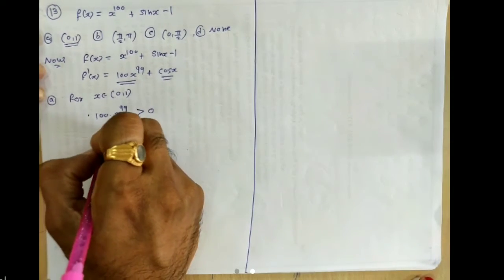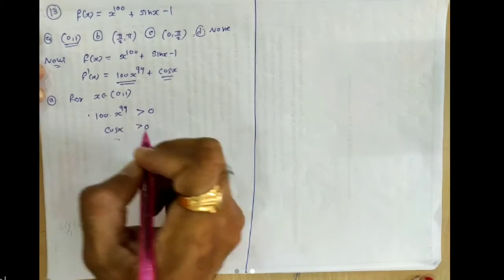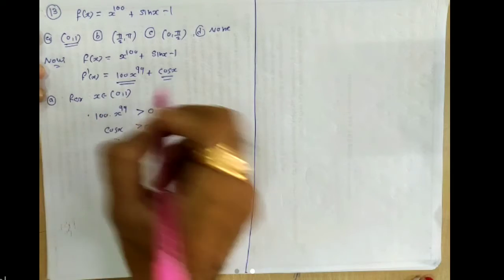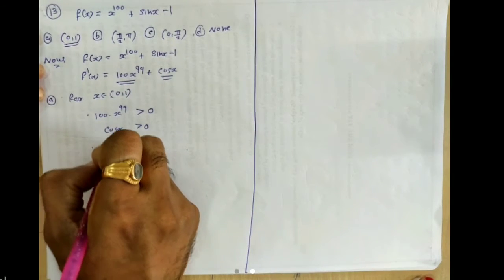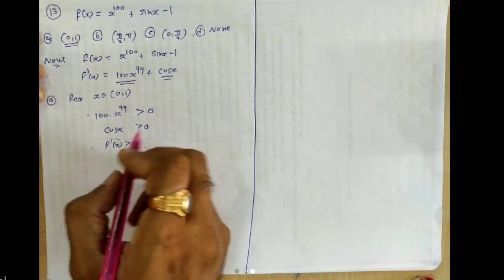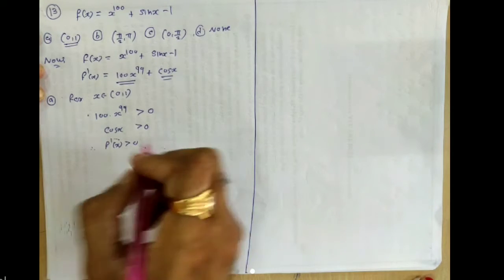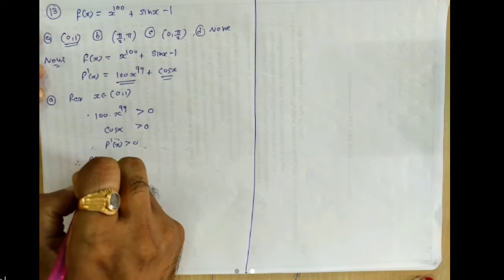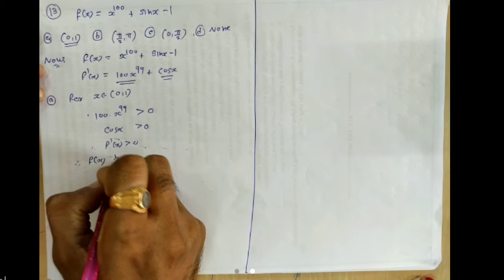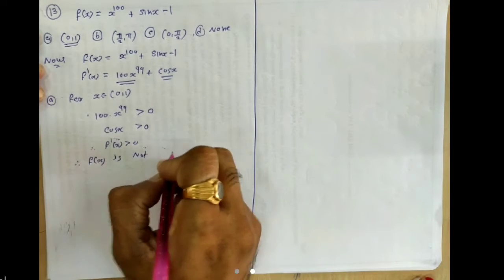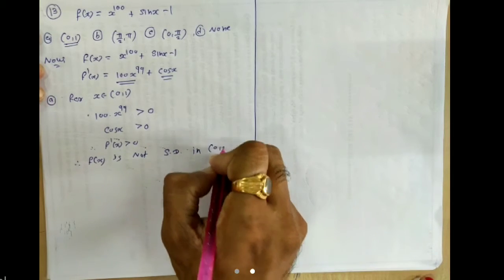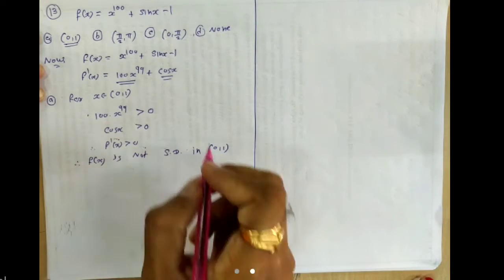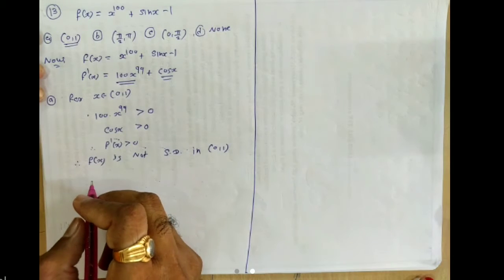The second term, cos x, is also greater than 0 for x between 0 and 1. So both terms are greater than 0, and f dash x is greater than 0. Therefore f of x is not strictly decreasing in 0 to 1; it is strictly increasing.